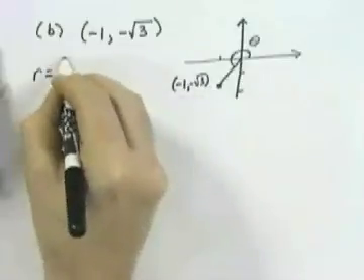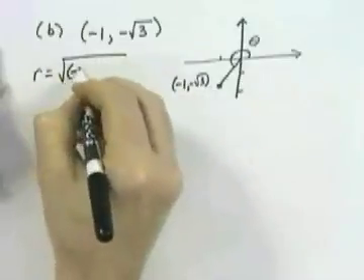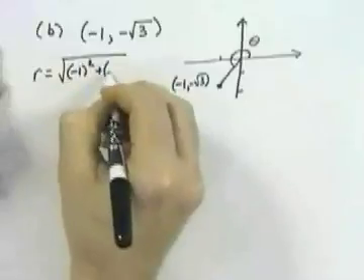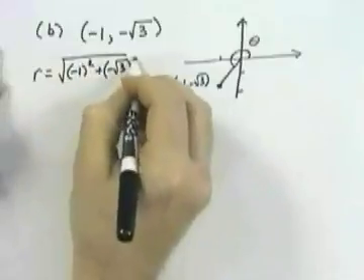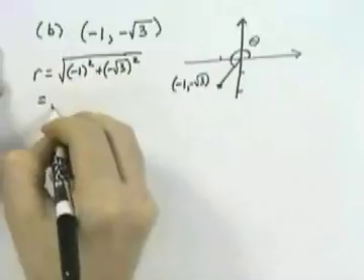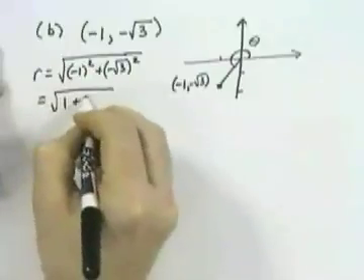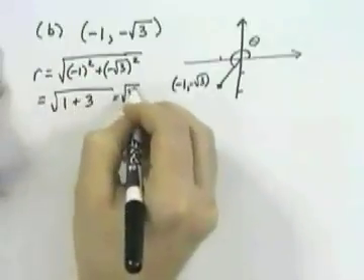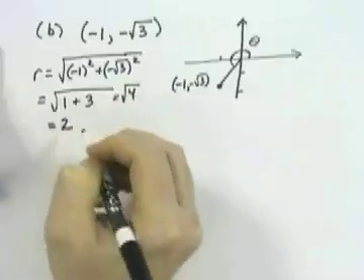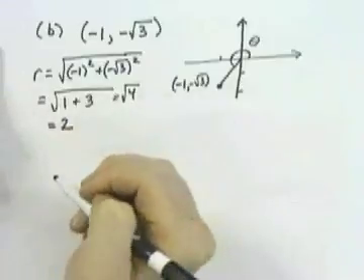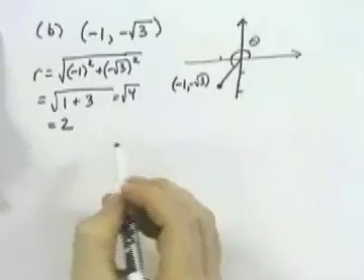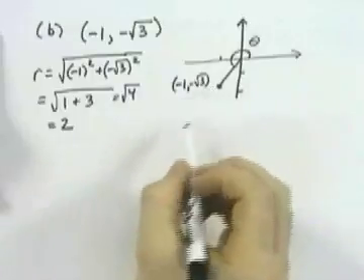So r is the square root of (-1) squared plus (-√3) squared. That gives us the square root of 1 plus 3, which is the square root of 4. The square root of 4 is 2. So r is 2.